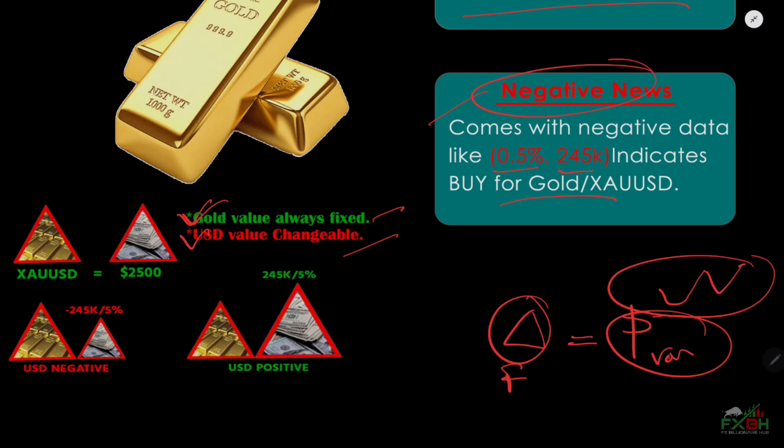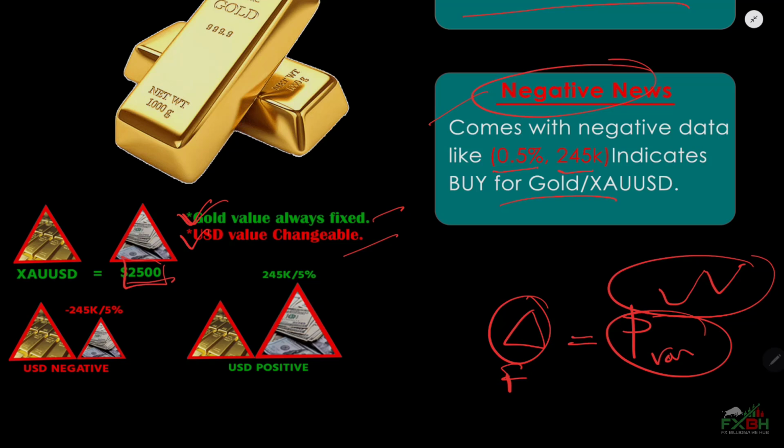As per that theory, we draw two triangles here. One triangle of XAUUSD is equal to 2500, and one triangle of 2500 is in dollar or USD.